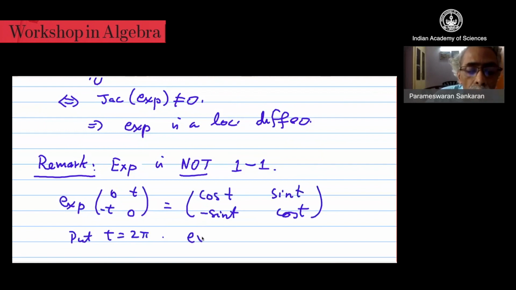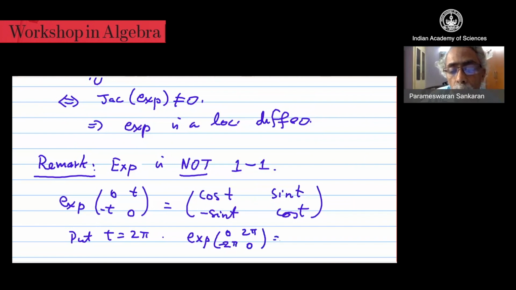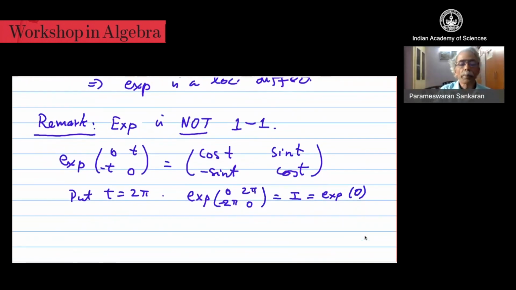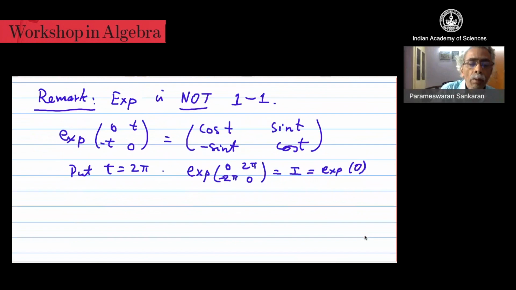Then exponential maps it to 0, 2 pi, minus 2 pi, 0, which is also equal to exponential of 0, which is the identity. So typically it is not 1-1. You should not expect it to be 1-1. All right.